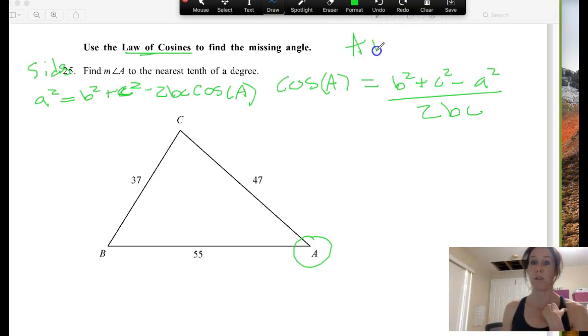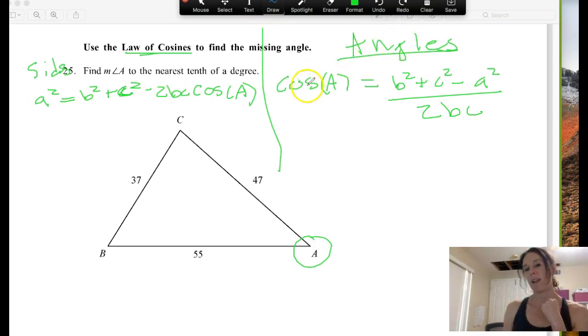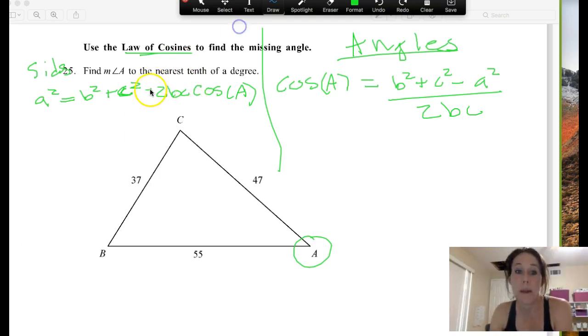This is when you're looking for angles. So instead of just doing this, I remember, for angles, I'm just going to solve for cosine of A, basically. I'm going to subtract these two, and then divide by negative 2BC. That's why these all flip signs.